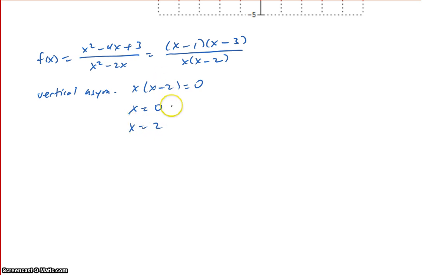In particular, x equals 0 would be the equation of the y-axis. So there must be two vertical asymptotes of this rational function. The y-axis is one of them, and x equals 2 is a second one. Okay, what about horizontal asymptotes?